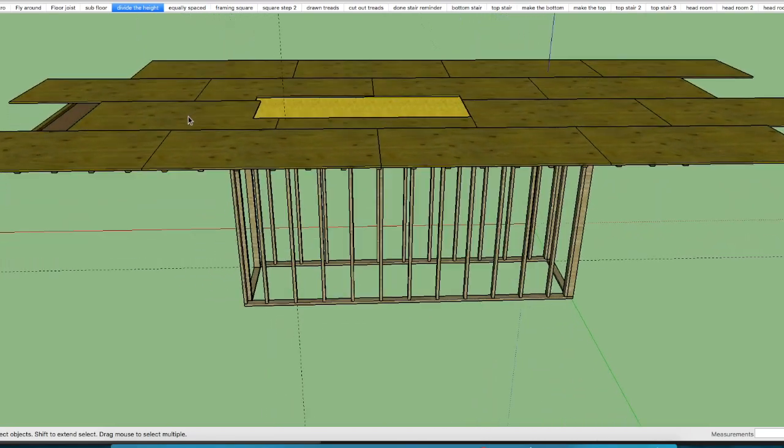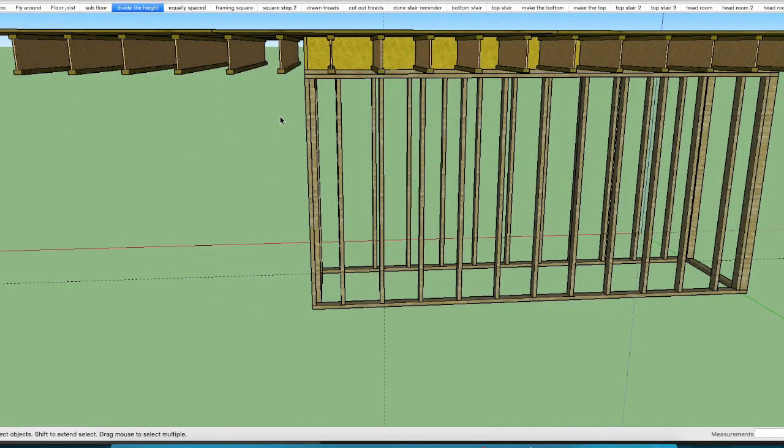Okay, let me explain a concept that might help understand the process of this math. Currently we have a one stair set of stairs. It's from the top of the floor sheeting to the top of the basement floor. There's one step. It's about 8 feet tall.